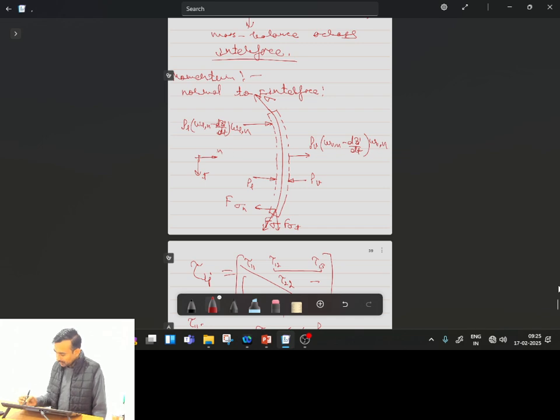Now let me consider the direction towards the positive end as my positive direction.